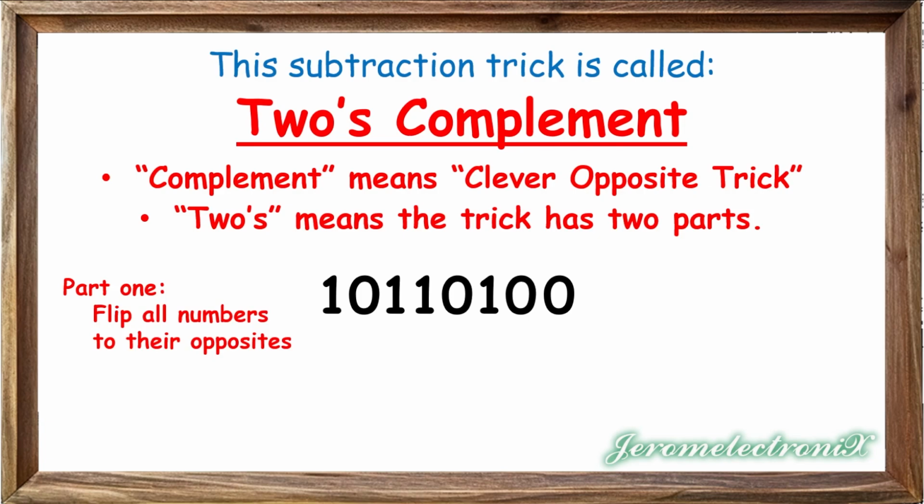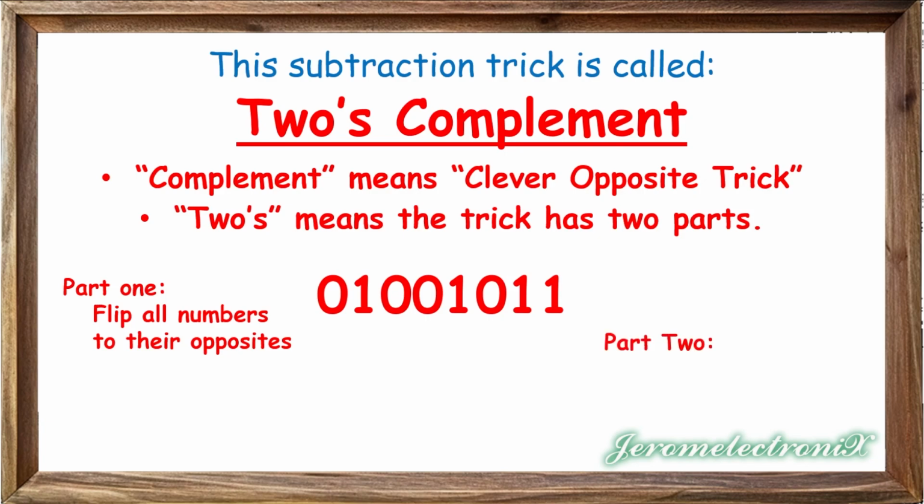That's pretty simple. 0 becomes a 1, 0 becomes a 1, 1 becomes a 0, 0 becomes a 1, 0, 0, 1, 0. So now I flipped this number to its opposite, but we're not quite there yet because part 2, we add 1 to the number. So that's what we're doing now. We're going to add 1 to this number.